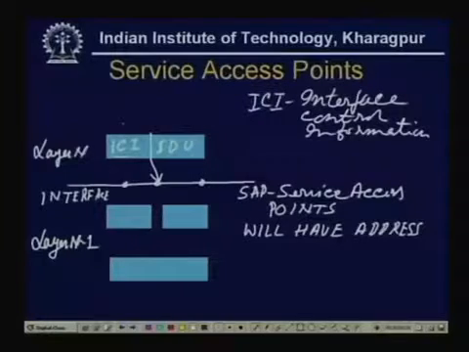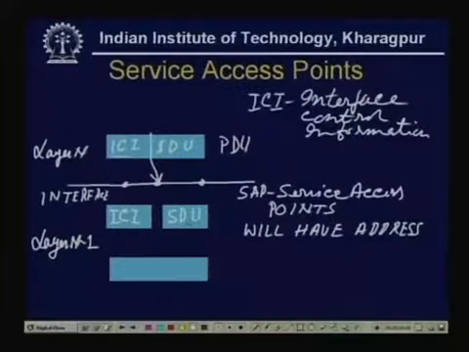Here also somewhat similar to that, the layer N will send this particular data, this is called the PDU or protocol data unit of this layer, this is communicated to the lower layer. And this lower layer will separate it out, ICI is separated out from the SDU, service data unit.